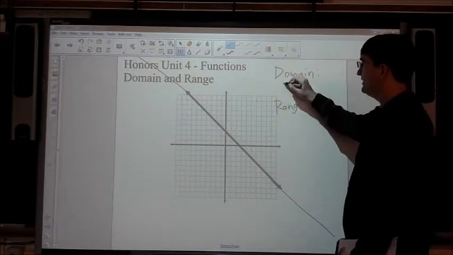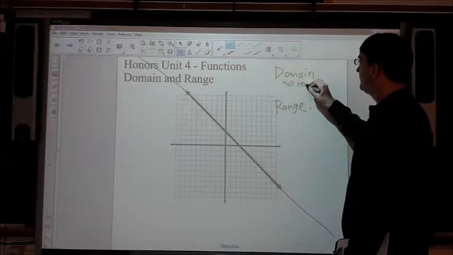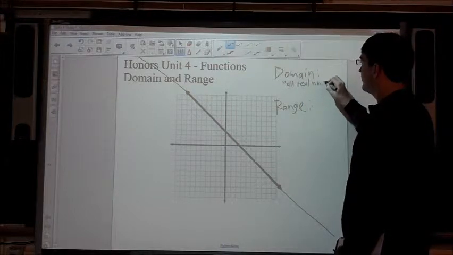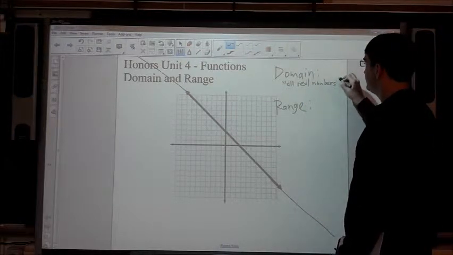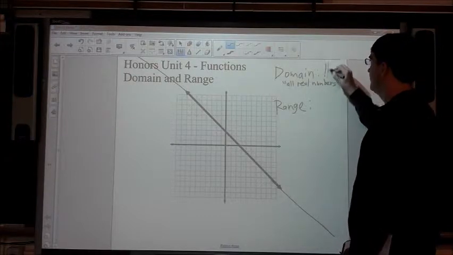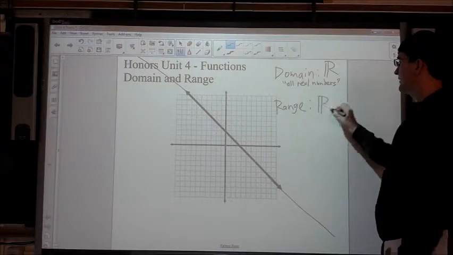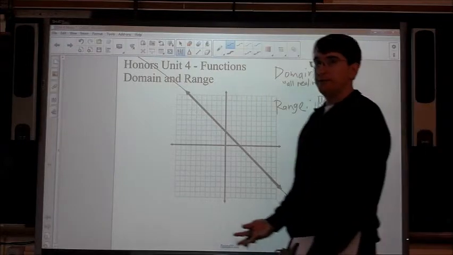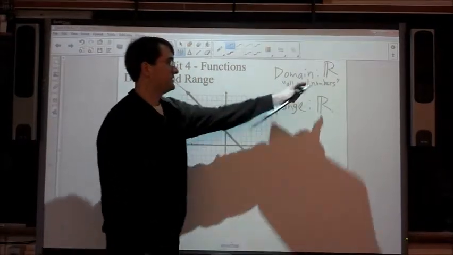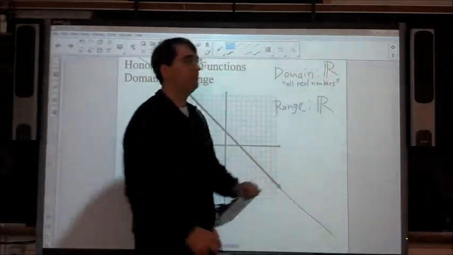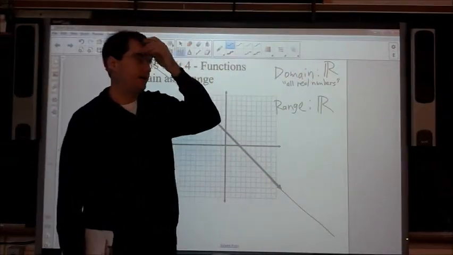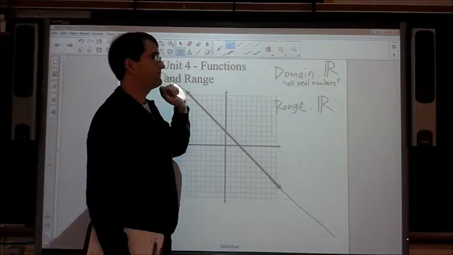And you could either say all real numbers, or you can use that fancy notation for all real numbers. It's a math symbol that always means all real numbers.